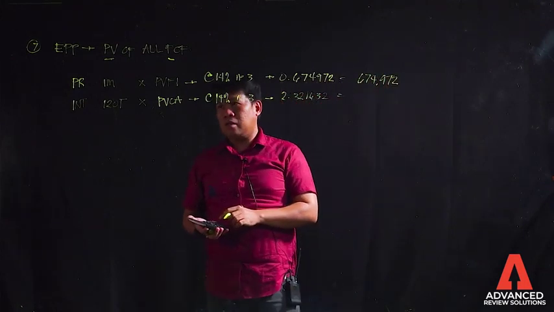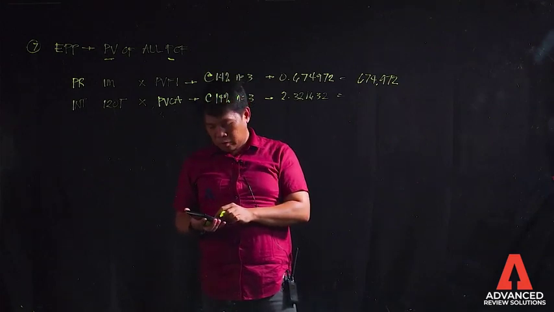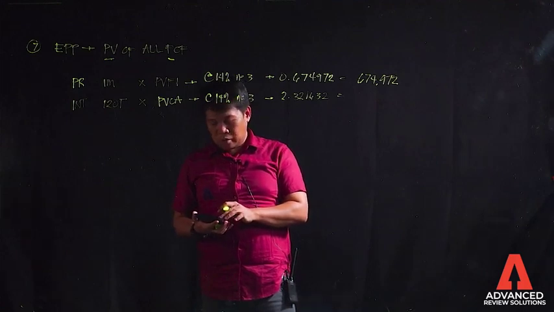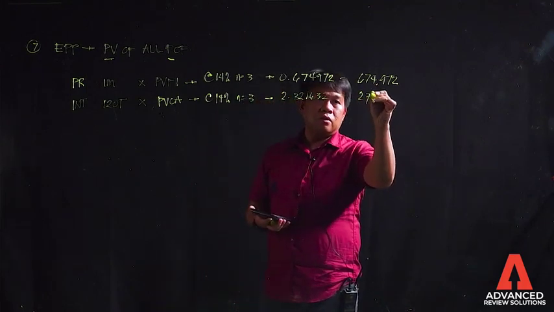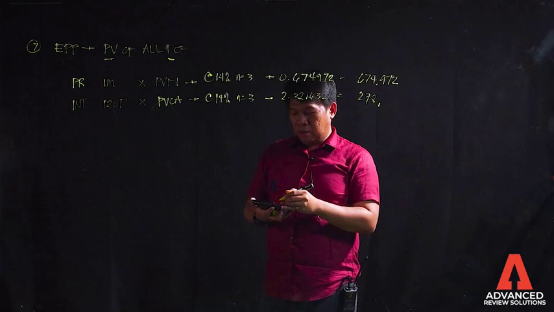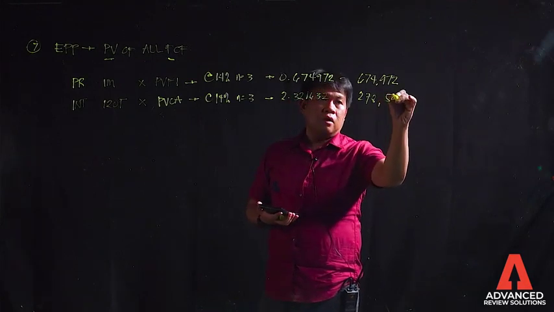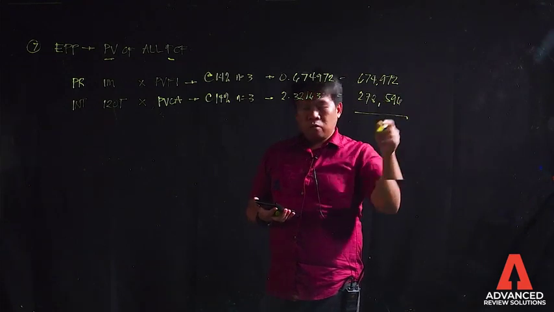And this is 120,000 times 2.321632. So this is 278,596. Okay. So get the total of this.